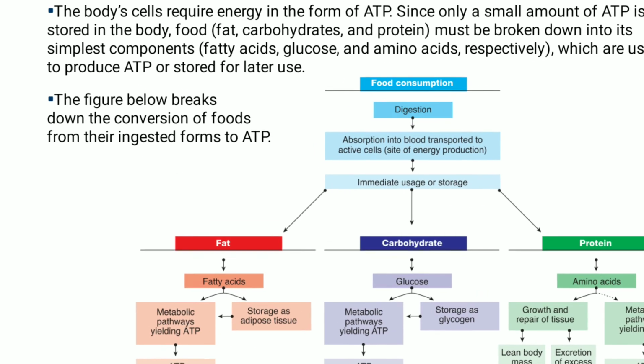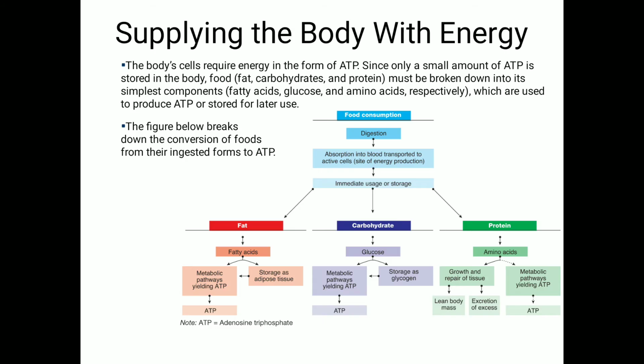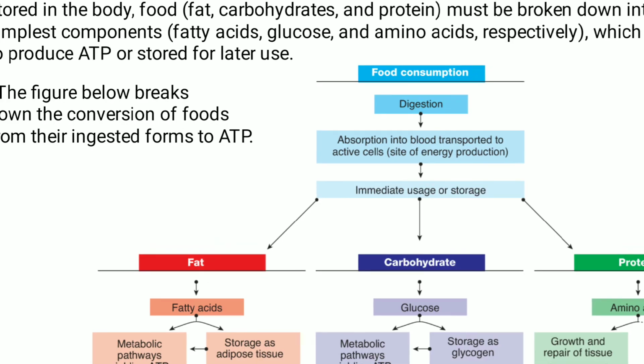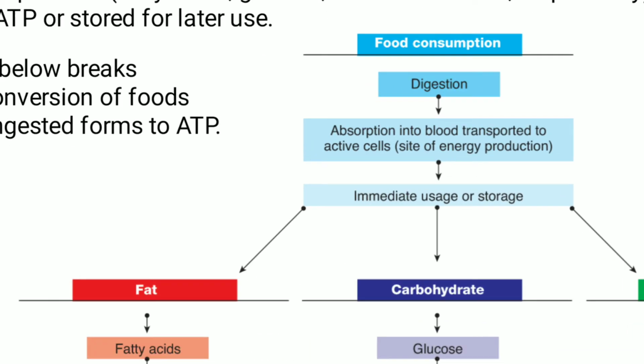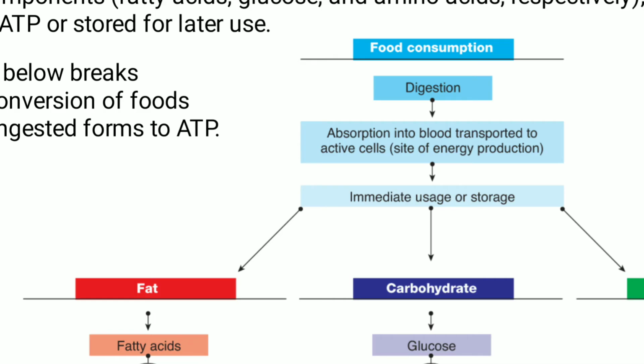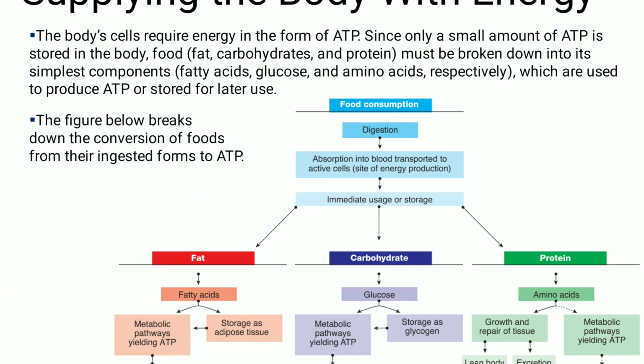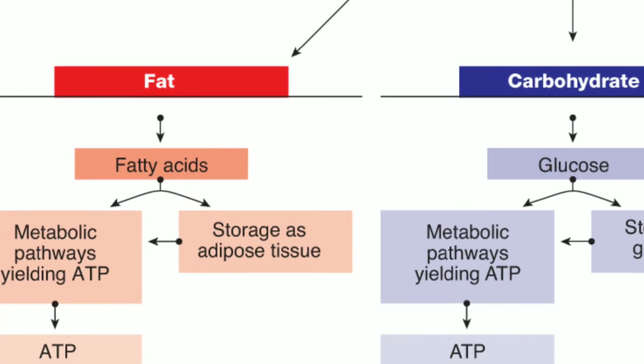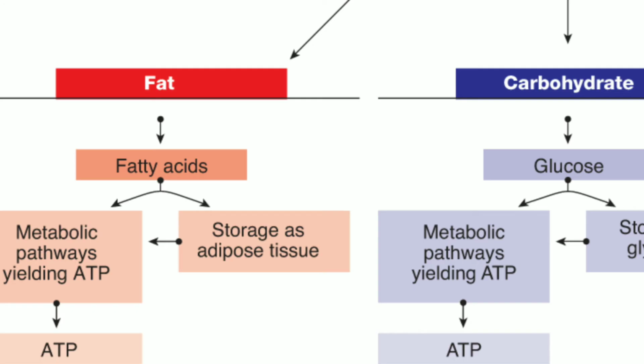So what is the supply of energy to the body? The supply of energy to the body comes from the stored energy in the form of ATP, and also the ATP is generated from the food we ingest, like carbohydrate, fat, and protein. You can see here the fat gets converted to fatty acids, which yield ATP, and apart from that some amount of fat is also stored.